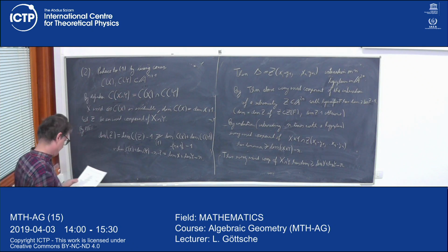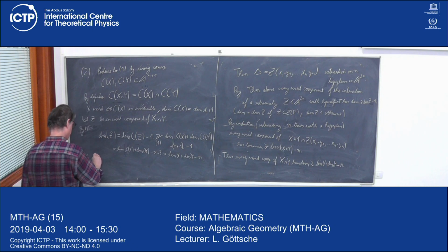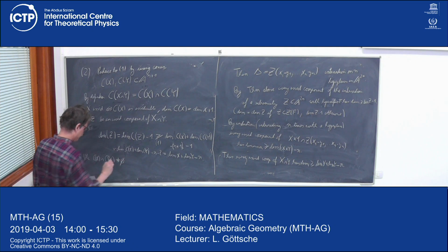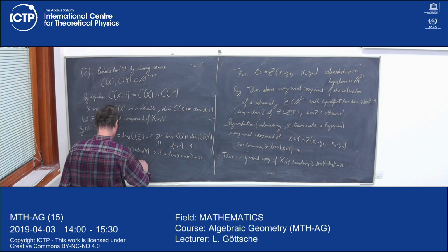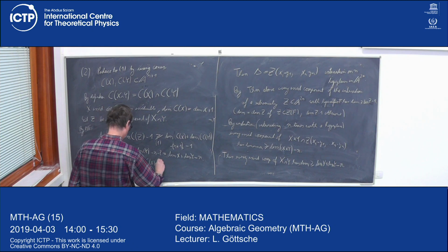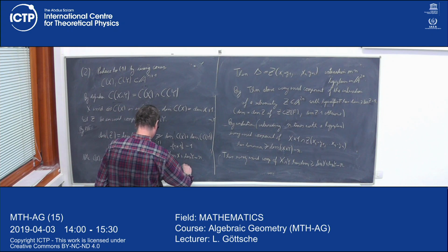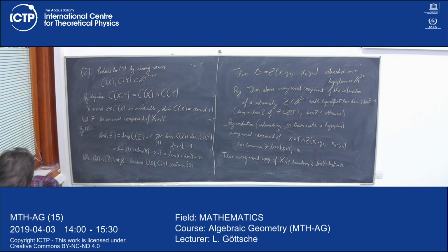And so we use that. So we note that Cx intersected Cy is not empty because Cx and Cy contain 0, the origin of the space.